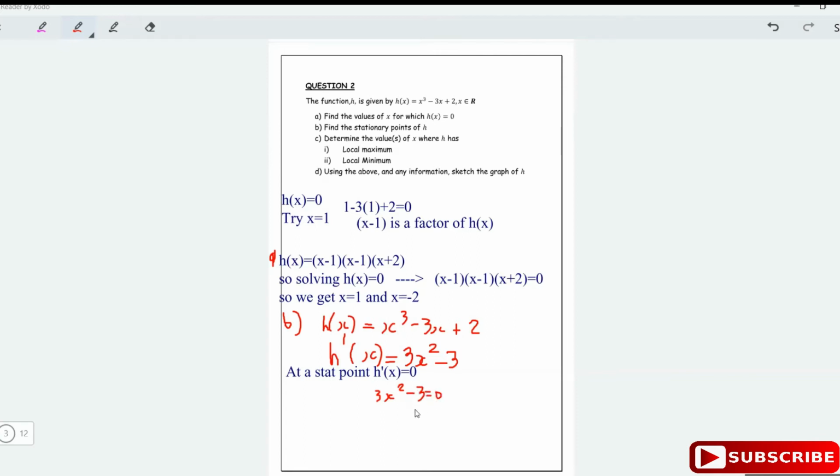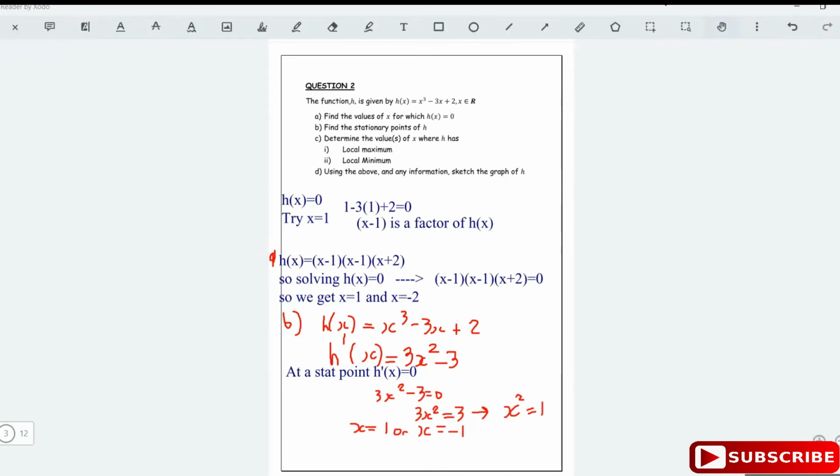Then we can bring over the 3, so 3x squared equals 3. If 3x squared equals 3, then x squared equals 1. And if x squared equals 1, x is equal to 1 or x equal to minus 1.